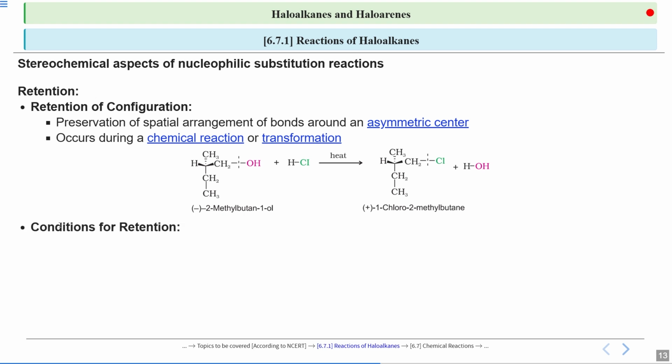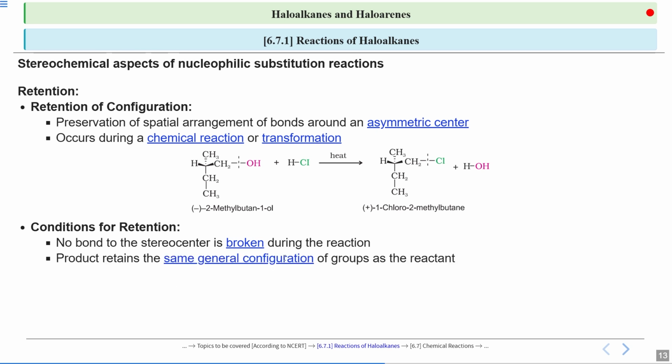The condition for retention: no bond to the stereo center is broken during this reaction, because we have to preserve the spatial arrangement. So no bond should be broken during the reaction when there is retention. You can see in this reaction also, around this asymmetric center no bond is breaking, every bond is preserved.